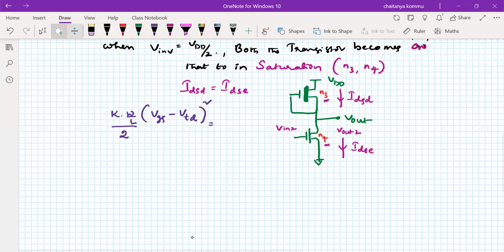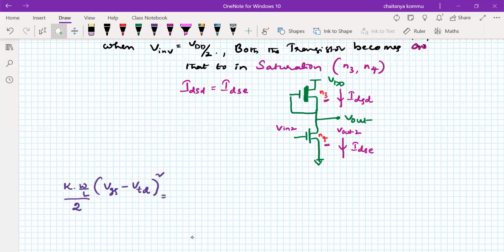This is equal to, what is the equation here now?